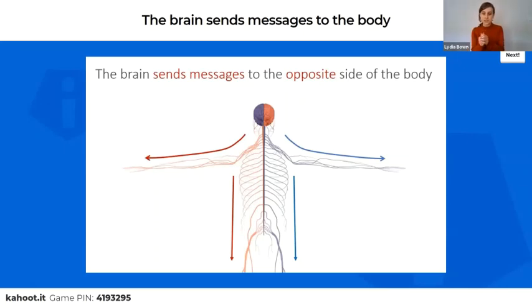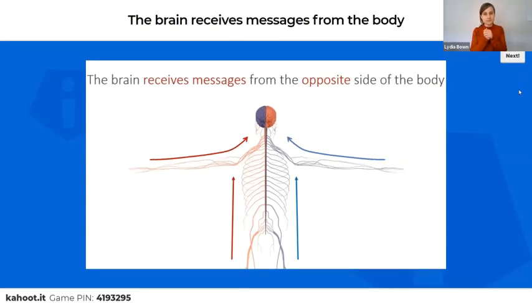So the brain doesn't just send messages to the rest of the body, it also receives messages from the rest of the body. And again, this happens with opposites. So if a message needed to travel from my left hand to the brain, it would travel to the right hemisphere of my brain from my left hand.